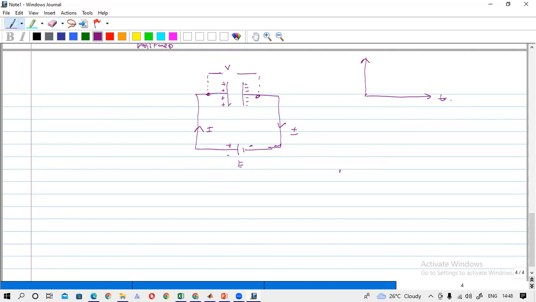So this E is a constant, it is not a variable. You have connected a constant voltage source between the capacitor. Later we will come to the variable source. At this time, we will consider a constant voltage source.